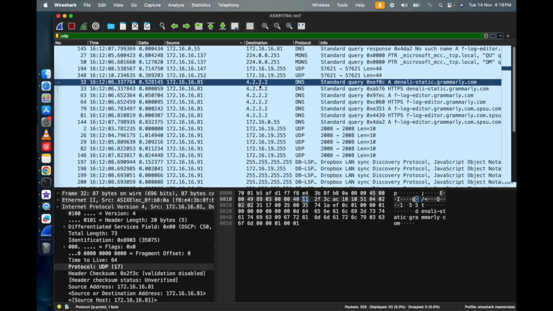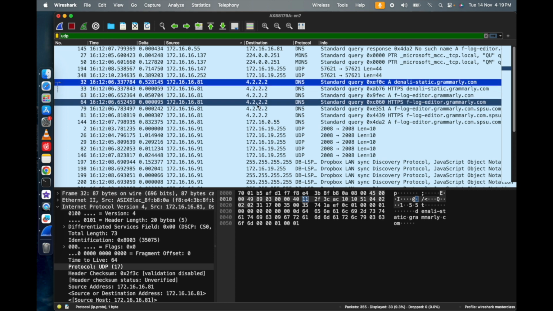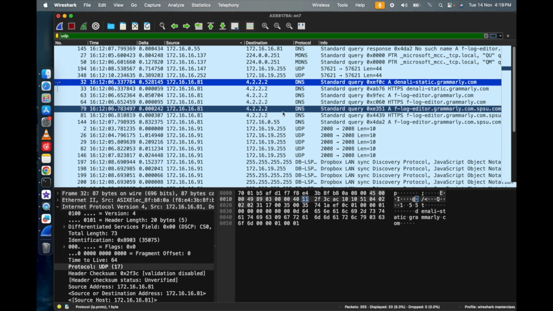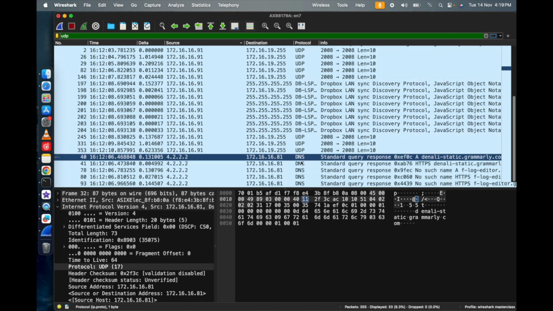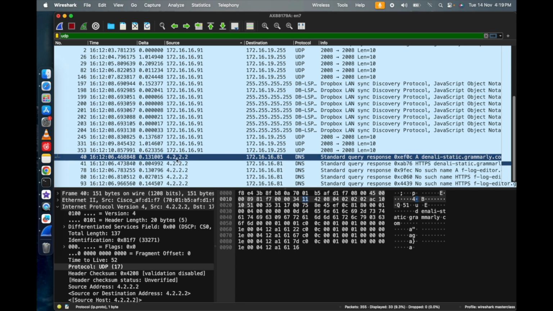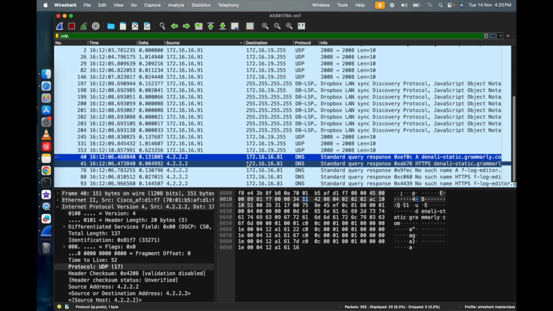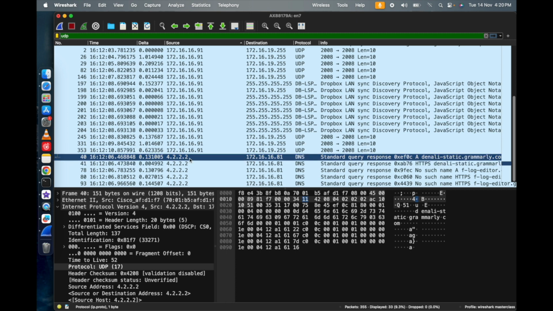So now again, let's just see the DNS query response. Where is the DNS query response? Yeah, the same DNS server has given the reply to me from my DNS server to the host IP address.